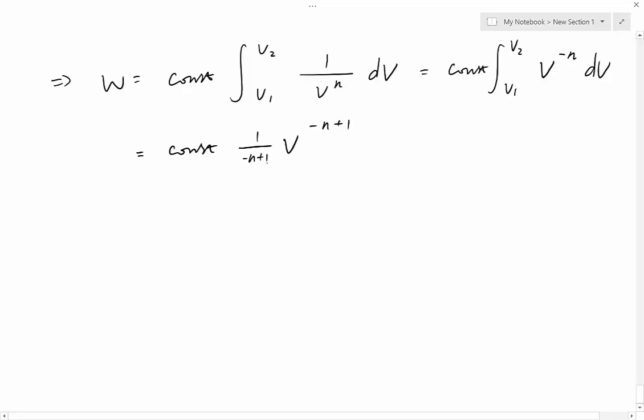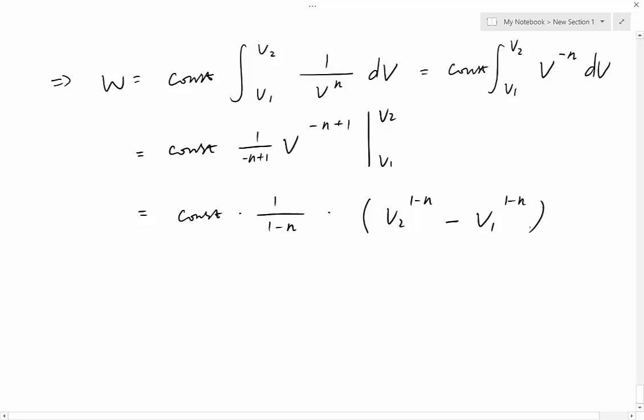Okay, so this is what you should have learned in your calculus class. If you don't remember it, make sure you go back to your calculus class. All right, and then copy down the lower limit, V1, and upper limit, V2. Plug them in. The solution is constant multiplied by 1 over 1 minus n multiplied by V2 to the 1 minus n minus V1 to the 1 minus n.